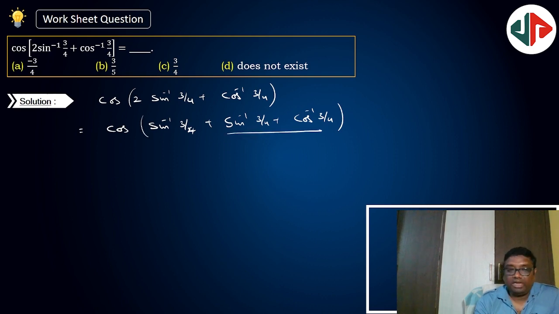Sine inverse plus cos inverse of 3 by 4 is nothing but 90 only. So cos of 90 plus sine inverse of 3 by 4. Cos of 90 plus theta means minus sine of sine inverse of 3 by 4.